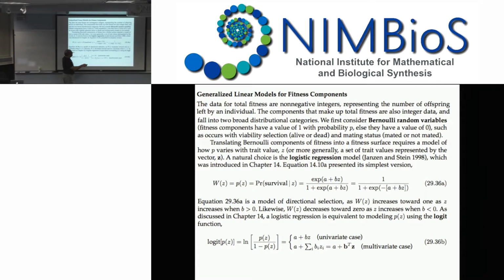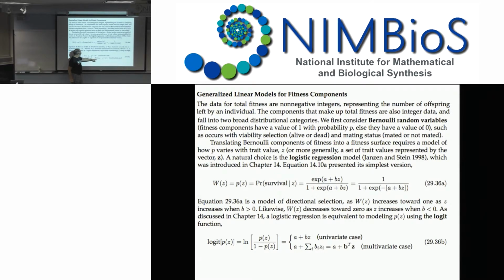If this term is close to 0, that gives you 1 over 1. As this term vanishes, you get a p close to 1. As this term gets very large, you get a p close to 0. So the nice thing about this is that this can take on any value you want, and it maps into something that gives a parameter between 0 and 1.